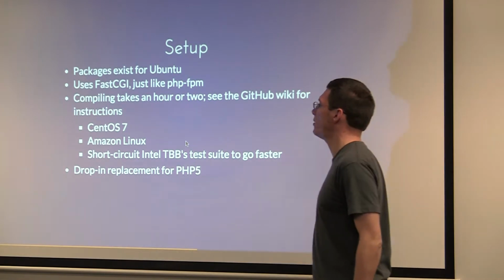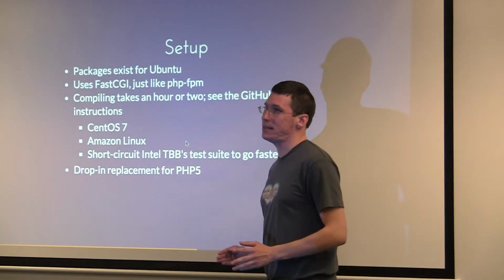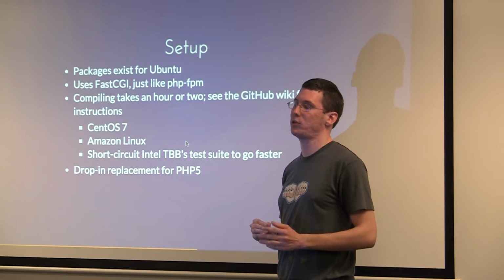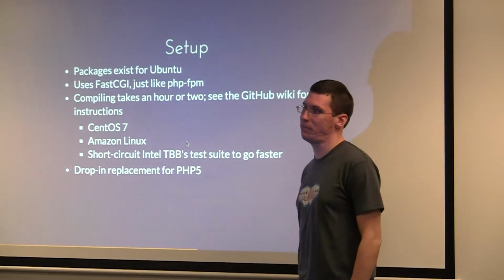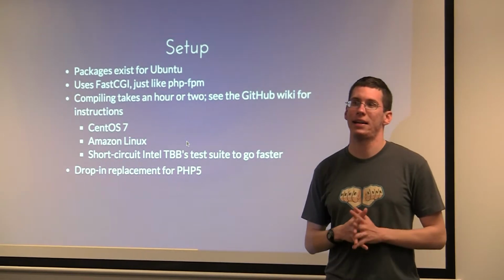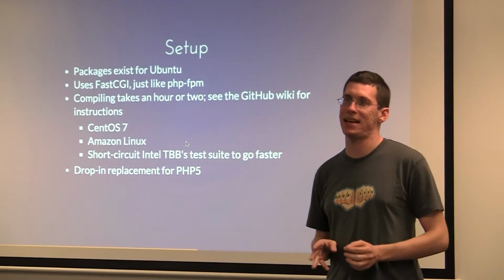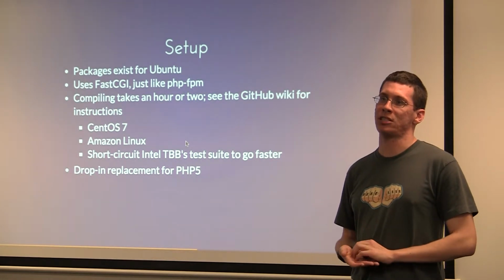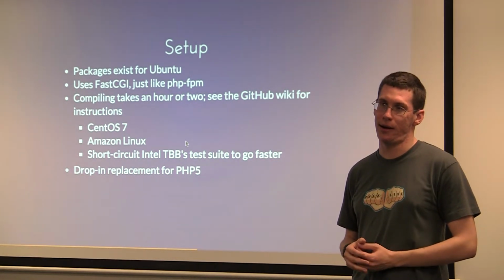One gotcha on here is one of the dependencies, depending on how old the version is that comes with your OS, is Intel Thread Building Blocks. They have a test routine that's part of the make process. If you run that, then your computer will spin for a while.